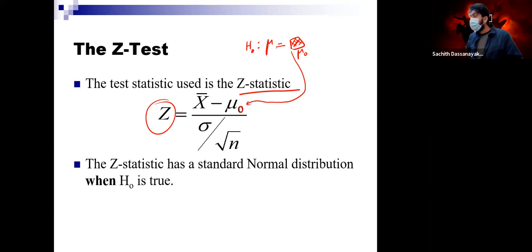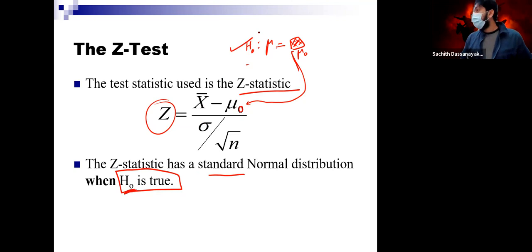The Z statistic has a standard normal distribution when H naught is true. Yes, we always consider H naught is true because we need to calculate this Z statistic. So we consider mu here as mu naught.